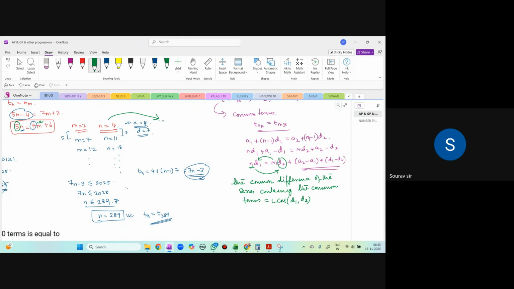This would be 5 into 4, 20 minus 4, which is 16. And N11 will be 5 into 11, 55 minus 4, 51. The common difference is 35, which is the LCM of the two series. Common difference of the two series, 5 and 7. So these are the two important concepts that you need to understand.